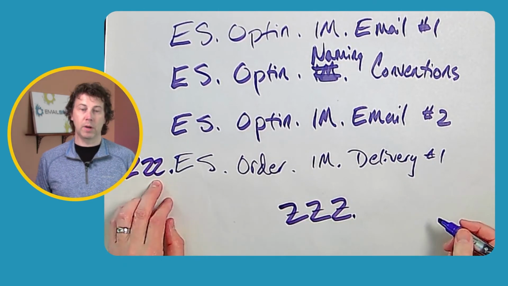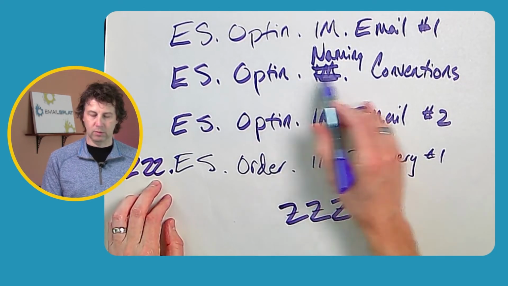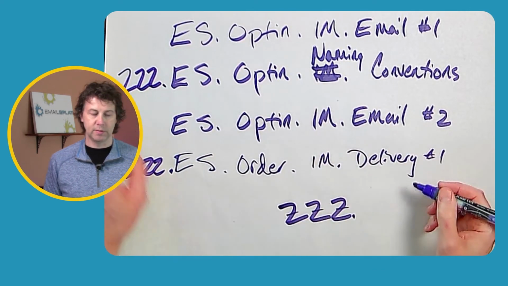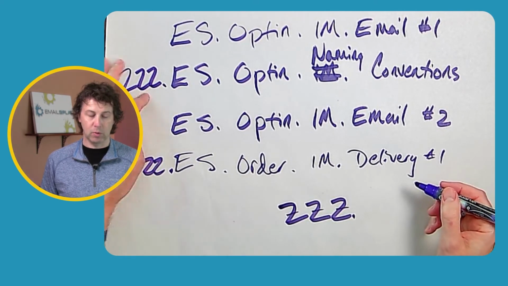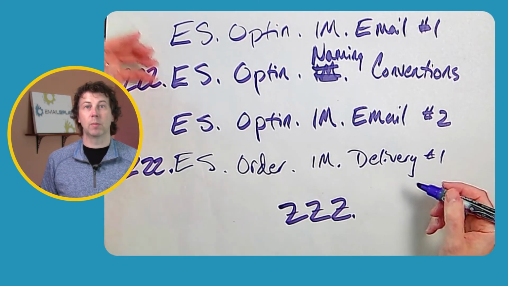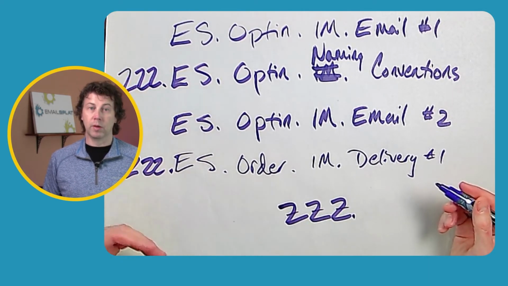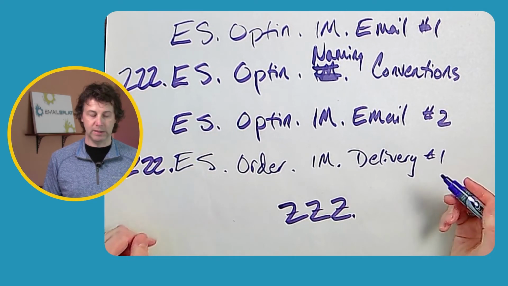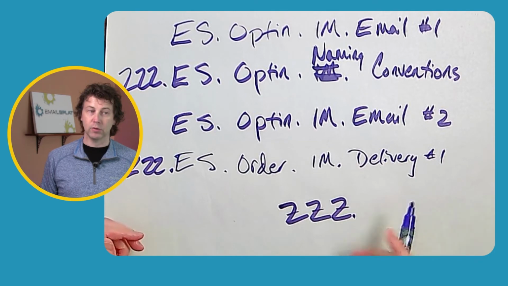So if I'm cleaning up my account and I decide that this naming conventions opt-in we're not using anymore, I'll put ZZZ in front of that, and that's my signal that that's no longer used. Now I can pause it, turn it off, maybe delete it, maybe I want to keep it because of stats, but at least now I can order them by name and that'll drop down to the bottom of my list.